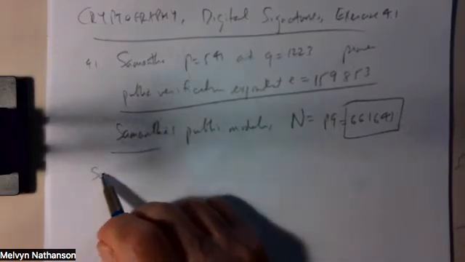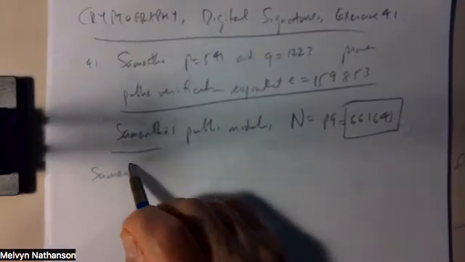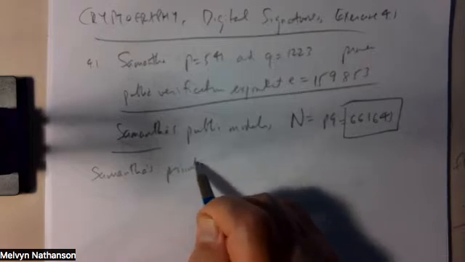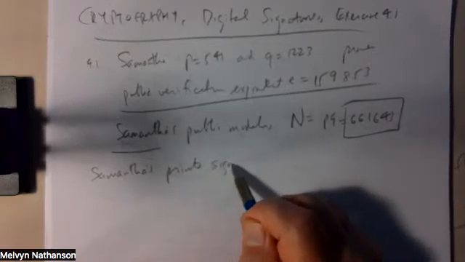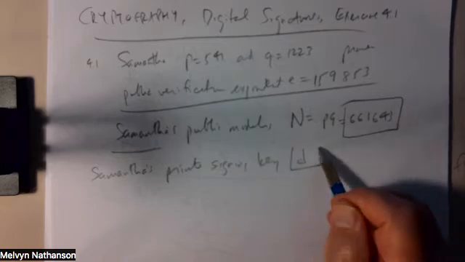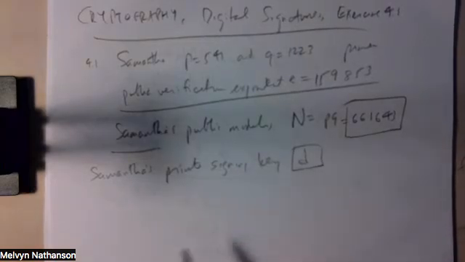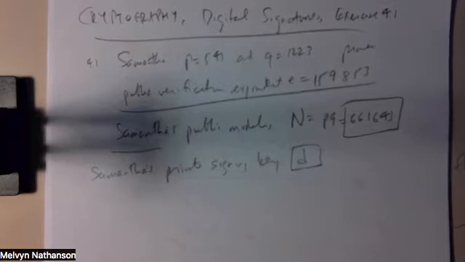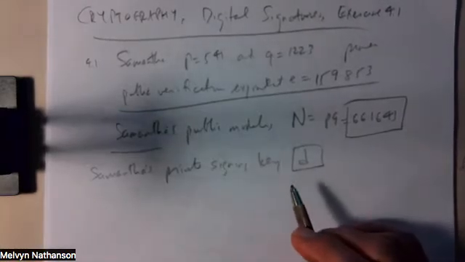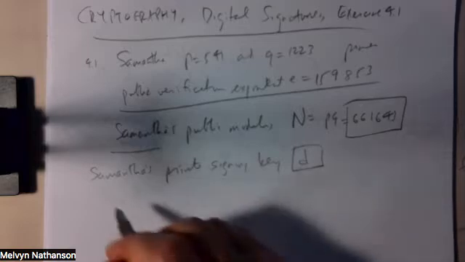What is Samantha's private signing key? This will be a number D. And D has to have the property that D times E is congruent to 1 mod (P minus 1)(Q minus 1).